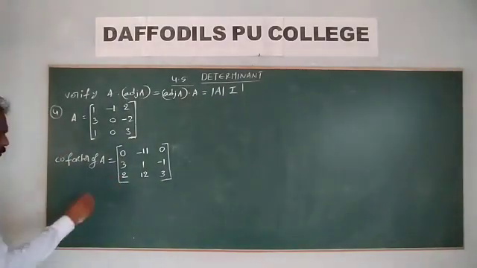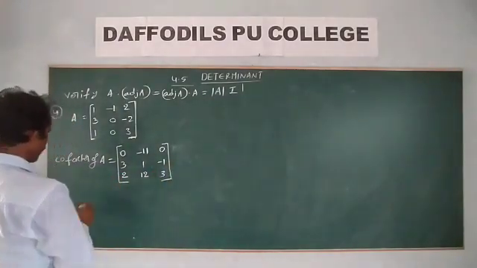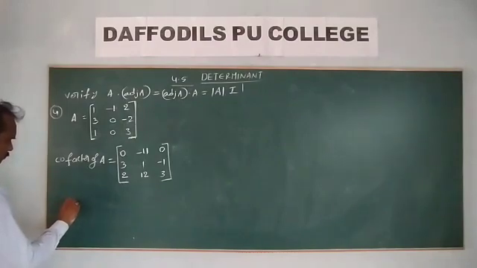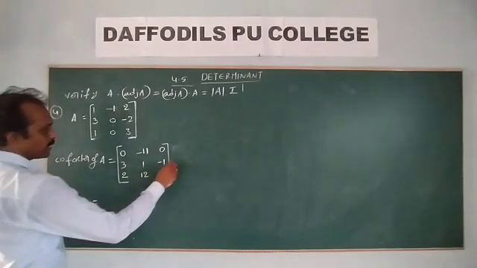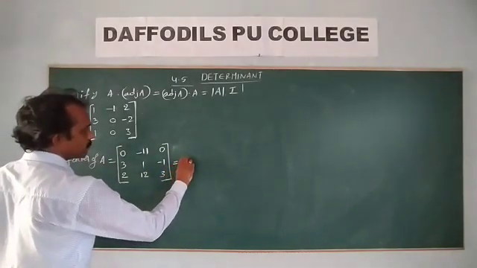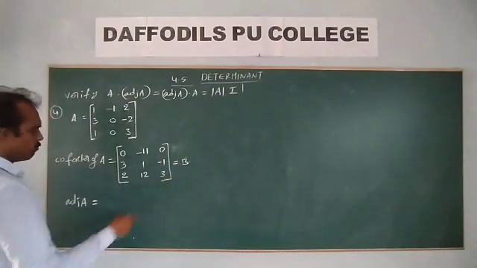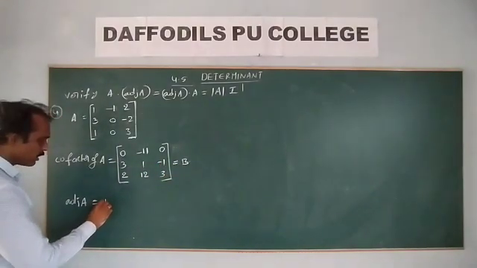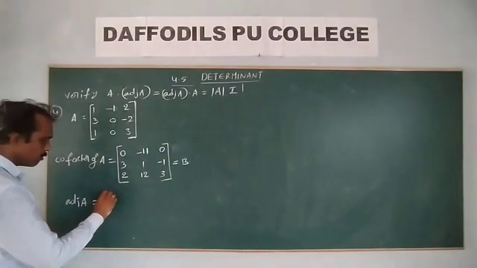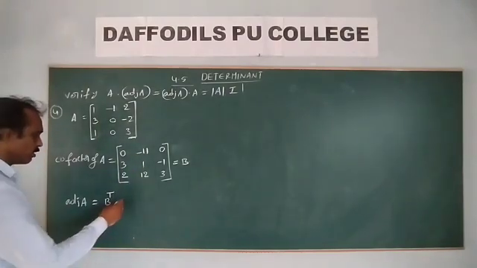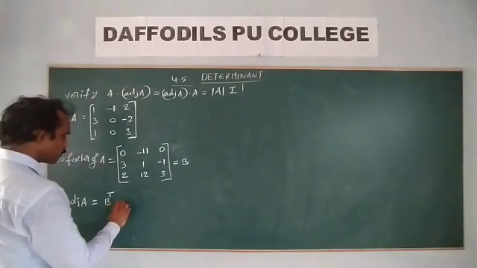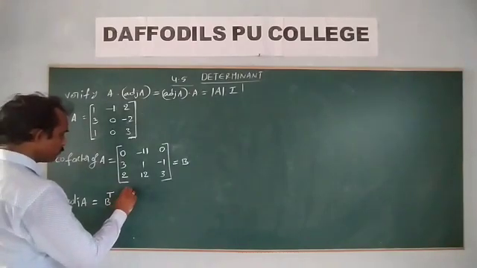This is the cofactor matrix of A. We want the adjoint of A. Let the cofactor matrix of A be B. Then adjoint A is B transpose.